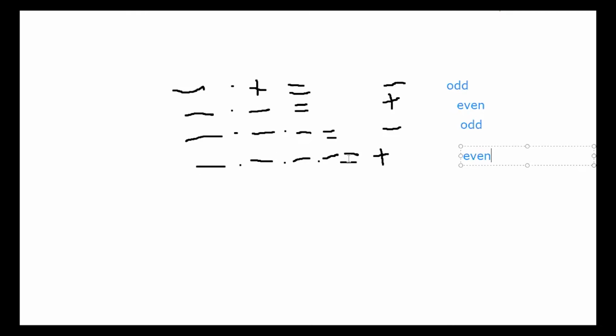If you have 4, that's even and positive. So if it's an odd number of negatives, it's going to be negative. If it's an even number of negatives, it's going to be positive.